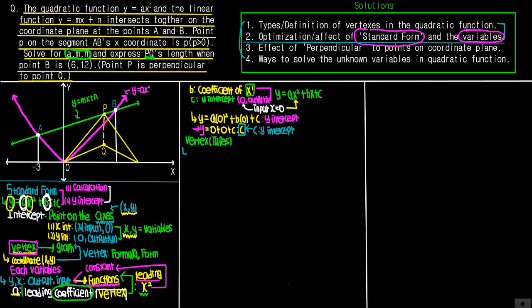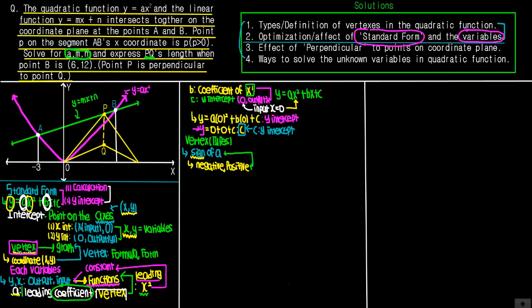So the types of our vertex will be defined by the sign of our leading coefficient a. And there will obviously be two cases if you look at the word sign, because it can be either negative or positive. So through these, let's think about the types of our quadratic function's most important point, which is our vertex.